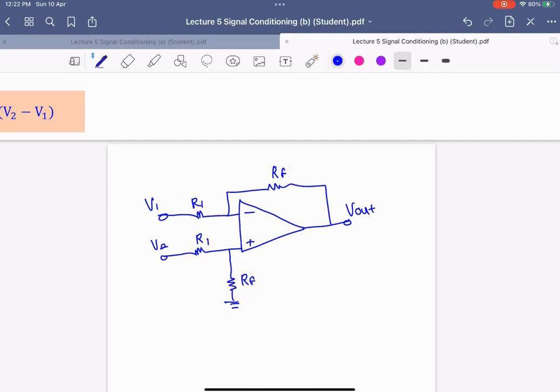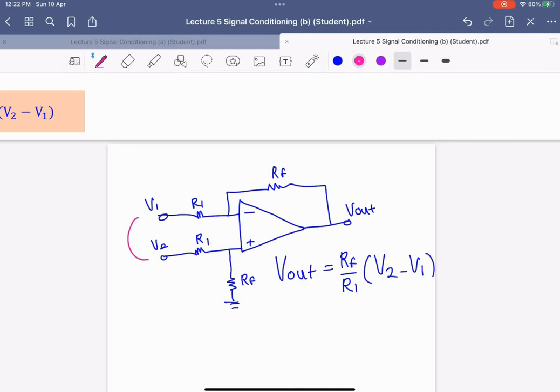And then the formula right now: V out, if you choose the same value for both resistor pairs, will be only RF over R1, but you need to make it V2 minus V1.